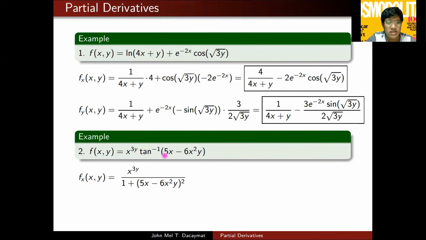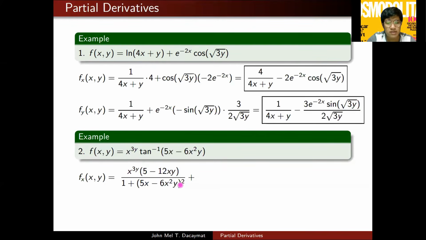So, derivative na sa loob, derivative ng 5x is 5. Tapos, derivative ng 6x squared y is minus 12xy. No? Yung x squared kasi 2x, tapos yung 6y constant. So, 6y times 2x, I get minus 12xy. Okay? So, ito na yung first term ng product rule.